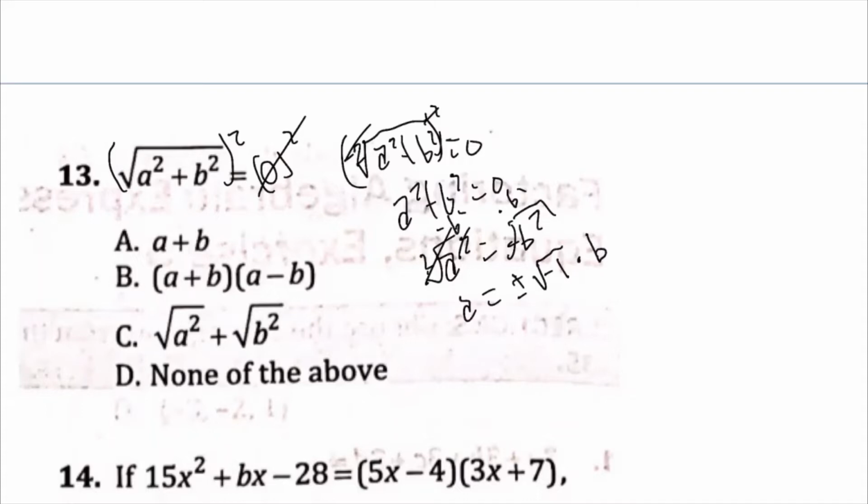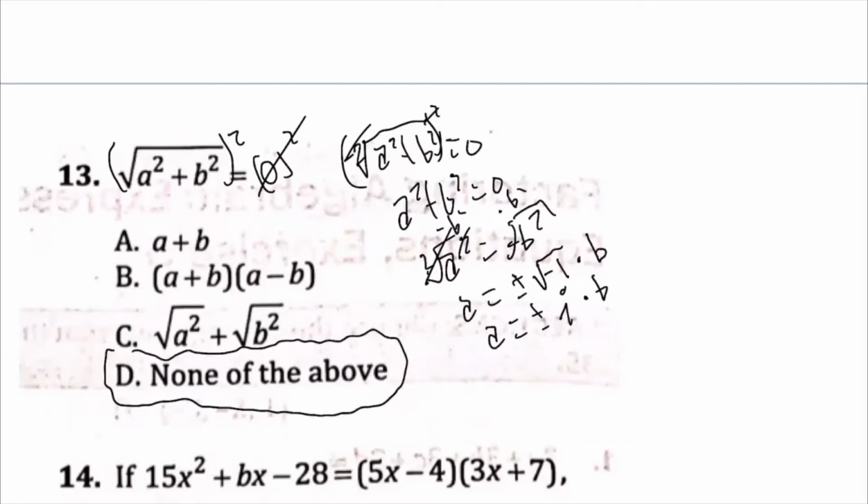This negative 1 just becomes an imaginary number, which is just kind of weird. And then b. So this will be your answer, but there's nothing there, right? There's nothing there. So that's just one possible way to do it. So since there's nothing there, D is my answer.